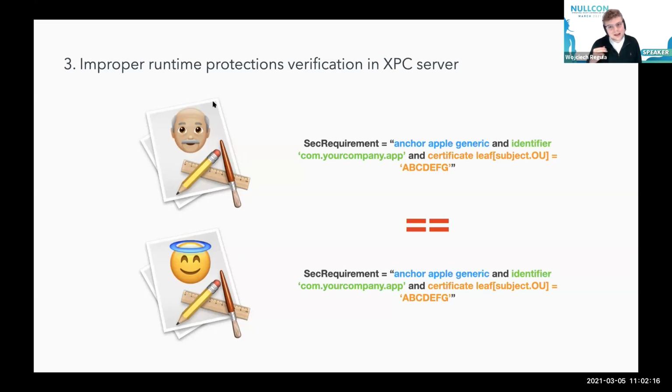And the last one, that the certificate has to have the proper team identifier. And as you can see, in most cases, you don't change your developer certificate really frequently. So the sec requirement was and is the same for the new version of the XPC client as for the old version of the XPC clients.